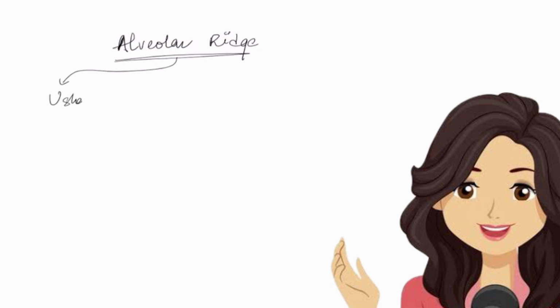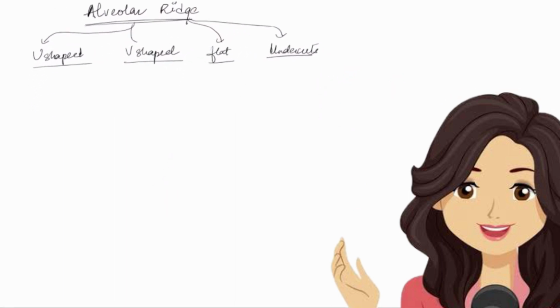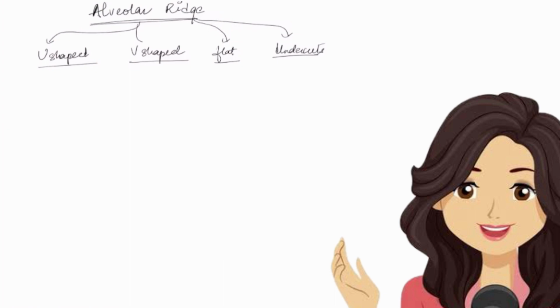It could be U-shaped, it could be V-shaped, it could be flat, or it could be something with undercuts. So we see four different morphologies for different parts of the alveolar ridge, right?